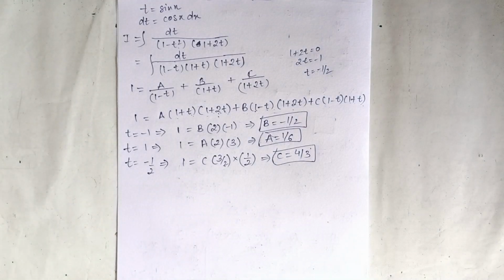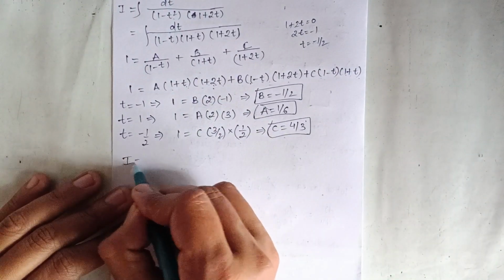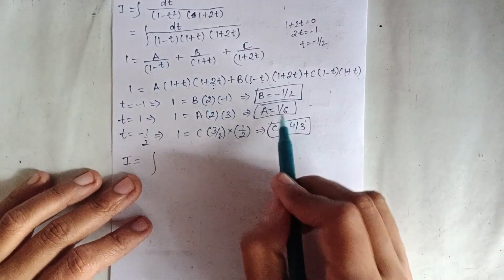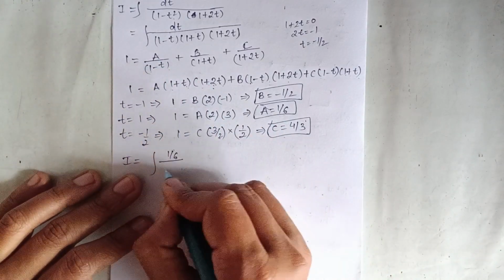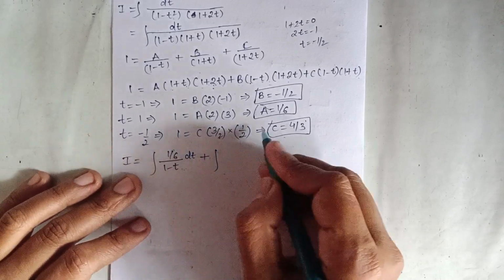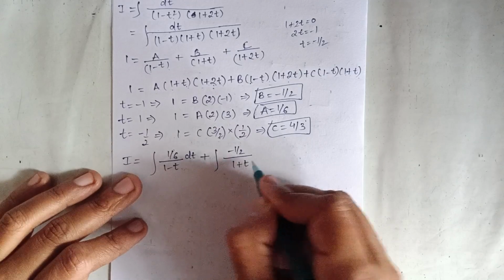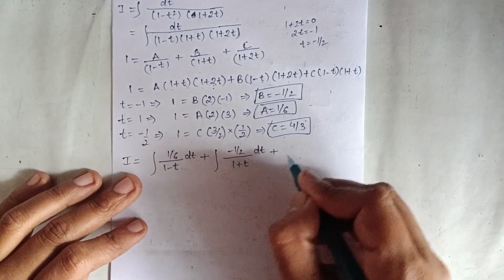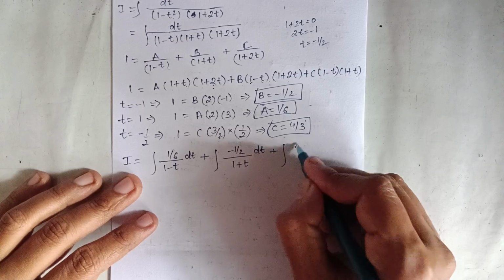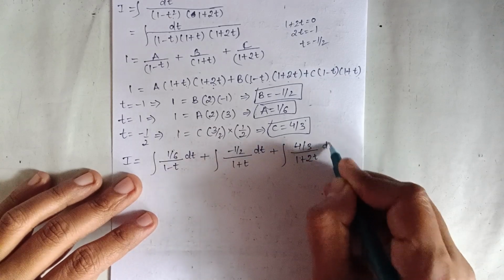Okay. Now we have to integrate this. So integral of A upon 1 minus t, A is 1 by 6, dt, plus B is minus half, 1 plus t dt, plus C is 4 by 3, 1 plus 2t dt.